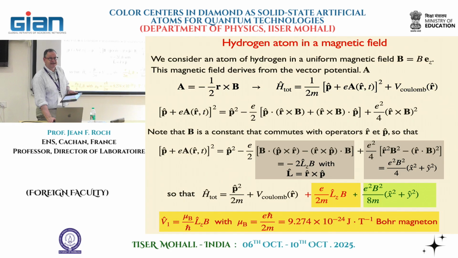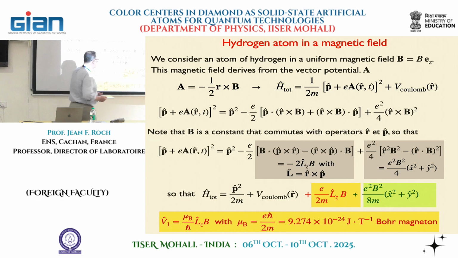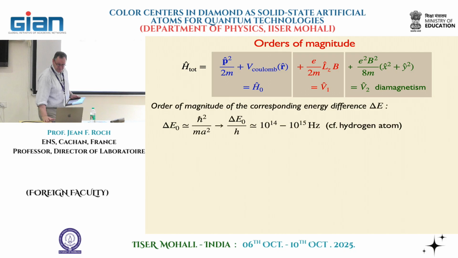Okay, now the second term, which is proportional to B squared. If I do some order of magnitude, you can easily realize that the levels of the hydrogen atom are separated by energy differences corresponding to frequencies in the optical domain.